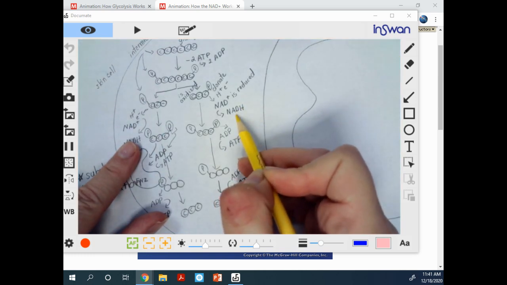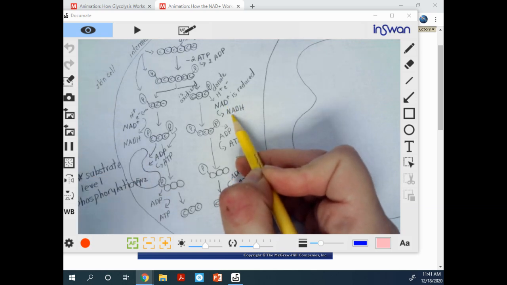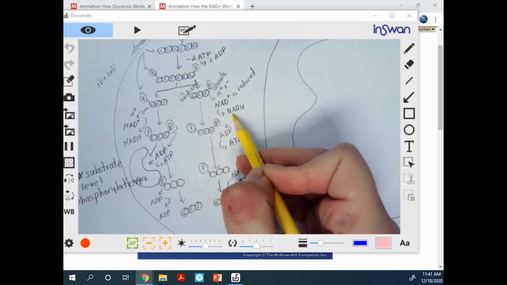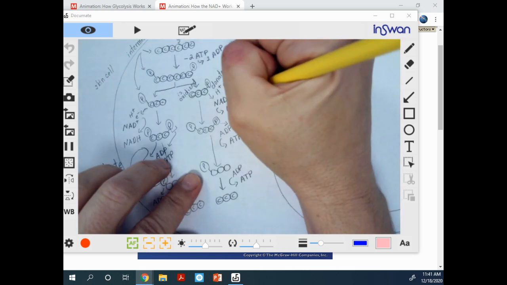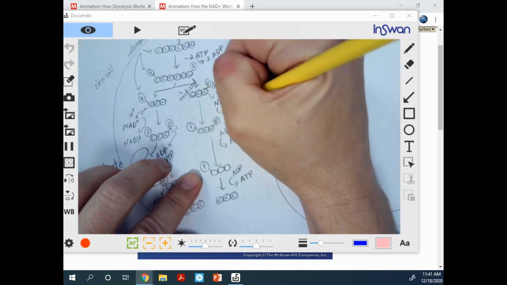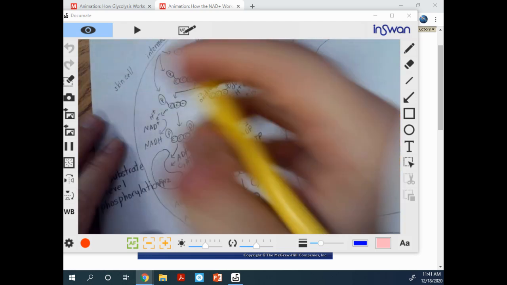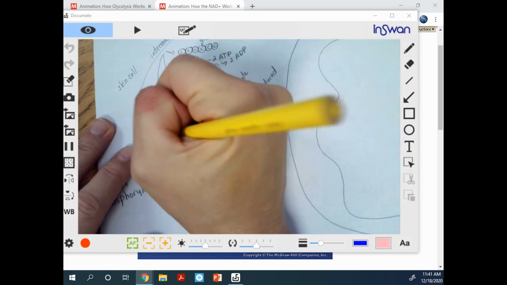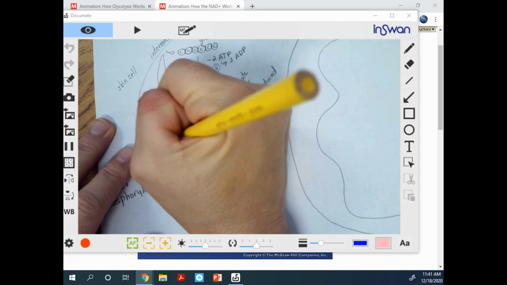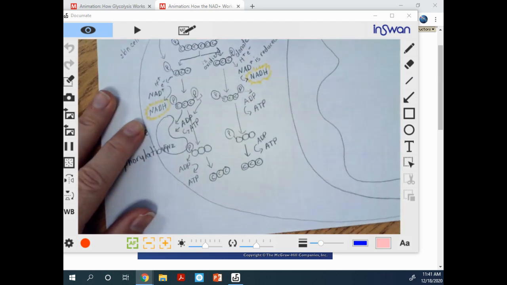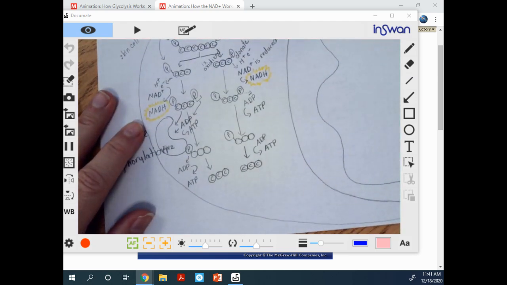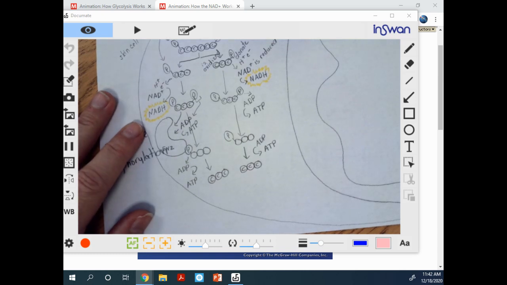It's going to take those protons and electrons that it picked up, and drop them off somewhere else. So it's literally kind of like a bus. Since buses are yellow, let's color around our NADHs here. You need to be able to tell me that in glycolysis, 2 NADHs are produced.